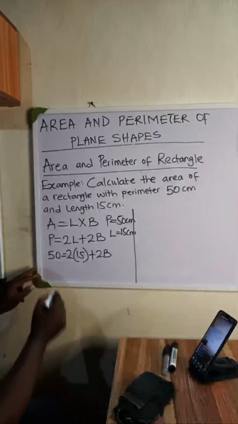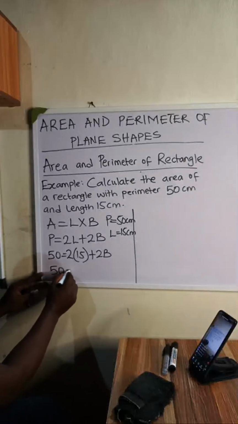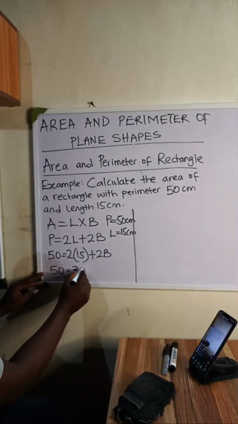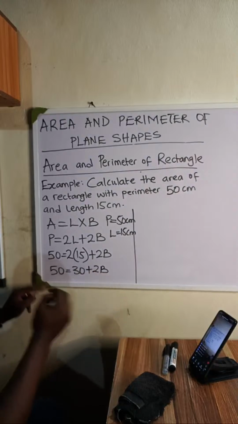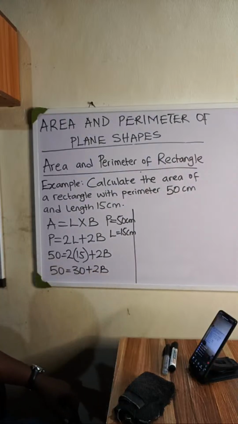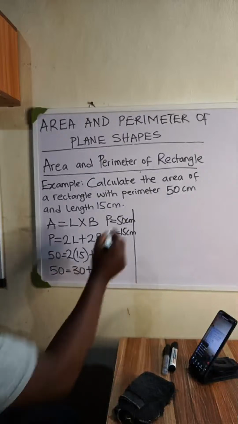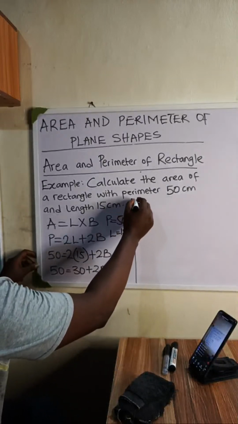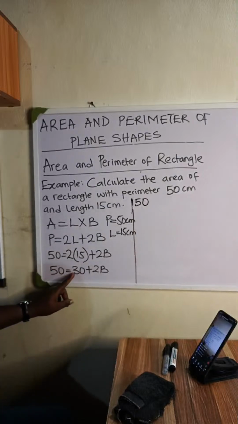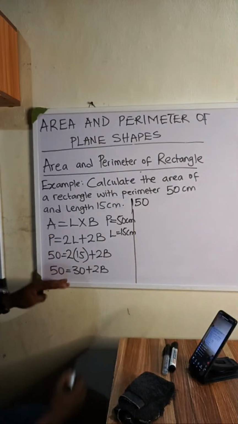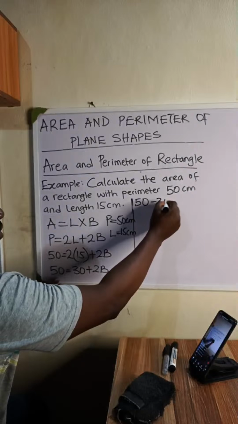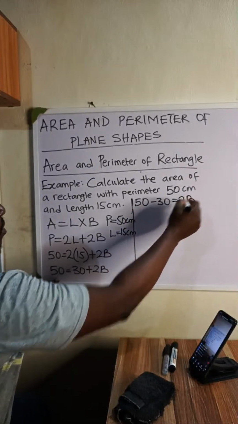This will give us 50 is equal to 30 plus 2B. If we move 30 to the left, the plus 30 becomes minus 30. So we have 50 minus 30 is equal to 2B.